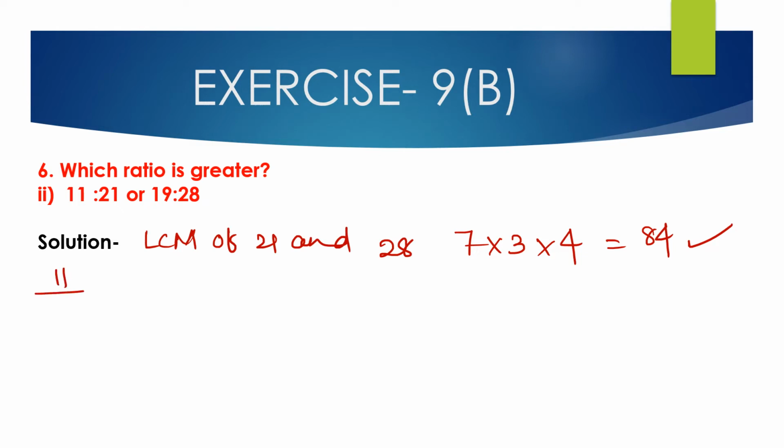Now we have to convert the ratio 11 is to 21 into an equivalent ratio, equating the consequent 21 to the LCM. Which number do we have to multiply with the consequent 21 to get 84?